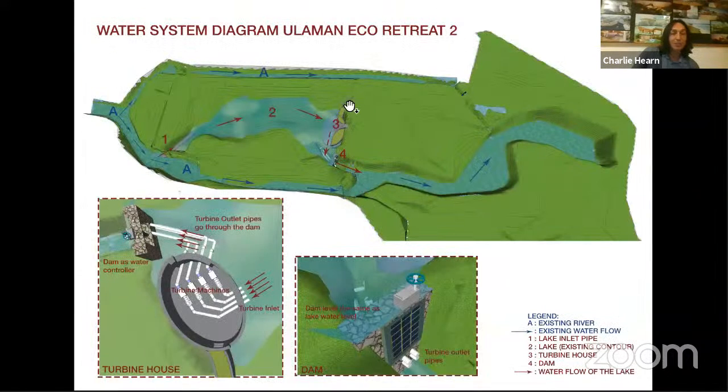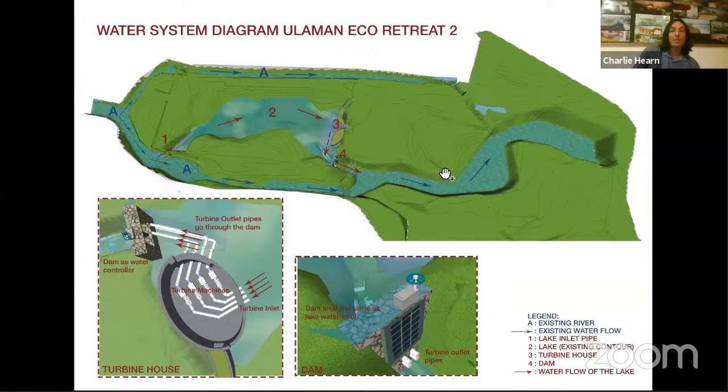Also in a functional aspect, we look to use the water. So I showed you earlier, we had a river, we had a waterfall. And so this has become a very important aspect for the overall development of the design. What we are doing, we are using the water to create an artificial lake, where we're putting a hydroelectric turbine within this artificial lake, and pressure from the volume of water from one height down to another will help create a sustainable form of electricity to help power the whole resort.